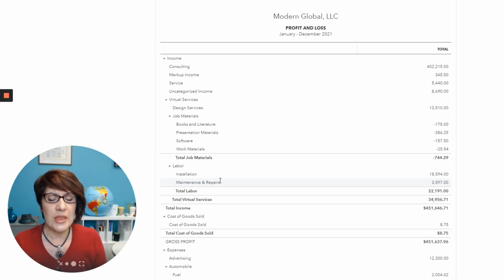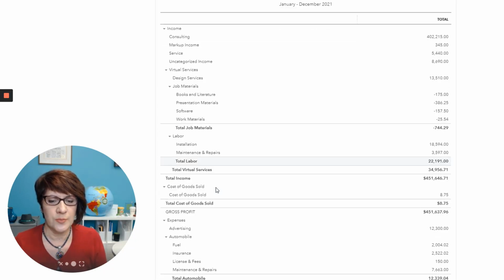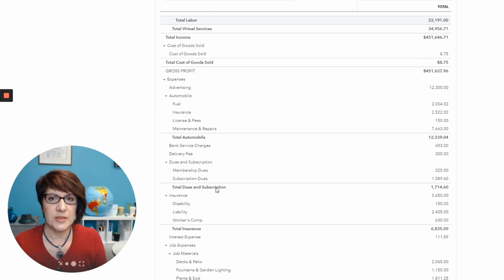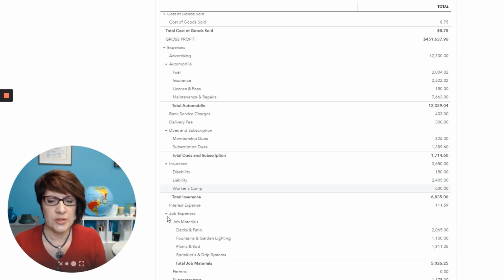So after looking at this, it looks like we may need to track some cost of goods sold. Let's look at the expenses to see what kind of expenses they have and whether any of those might be cost of goods. So we have advertising, auto, delivery, dues and subscriptions, insurance.